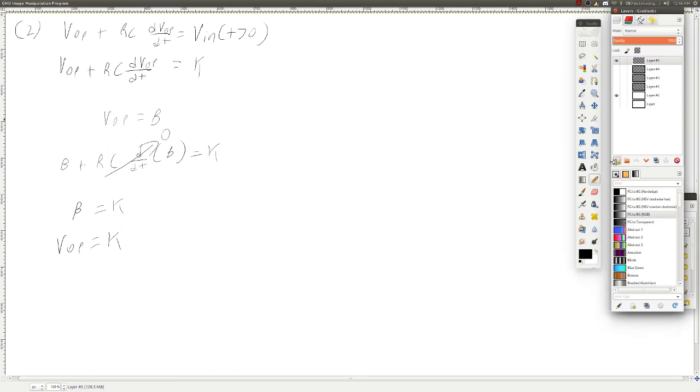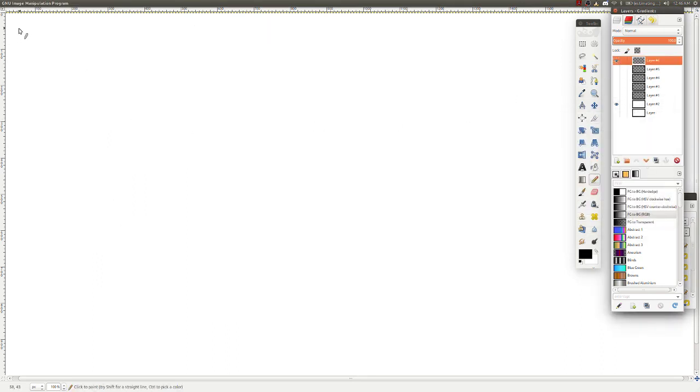Let's go ahead and make a new layer here. Let's bring our two pieces together. Because of the fact that we split it earlier, VO is equal to VOH plus VOP. Here, that means VOH, we know, is alpha e to the negative t over RC.